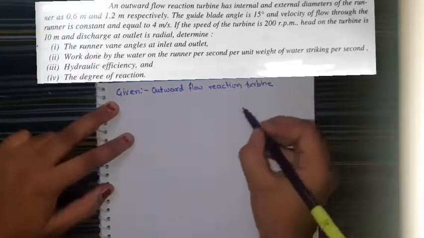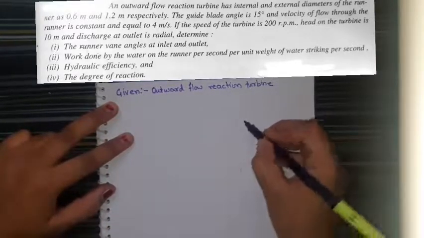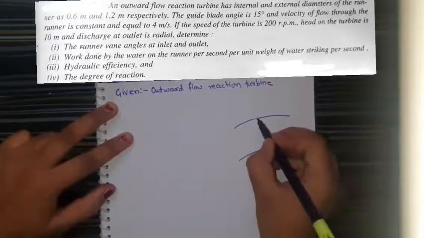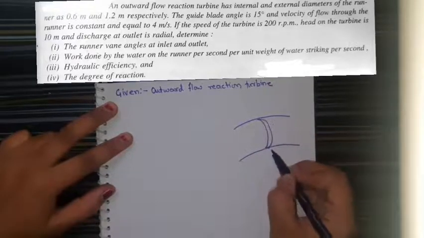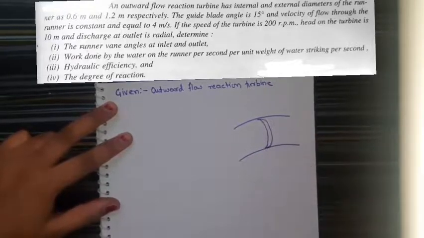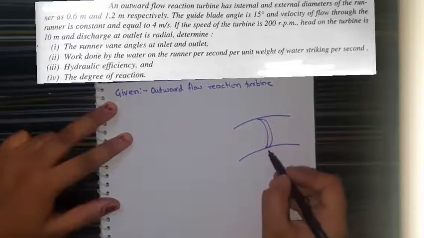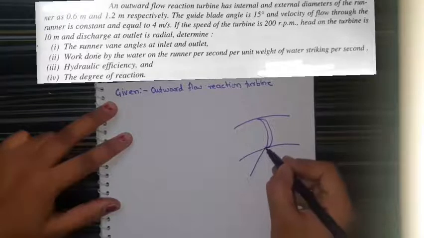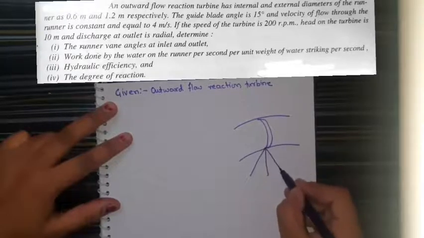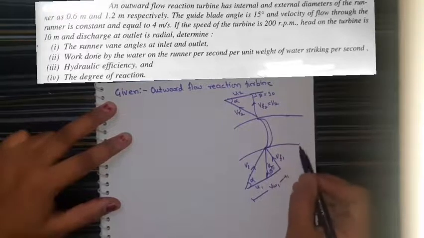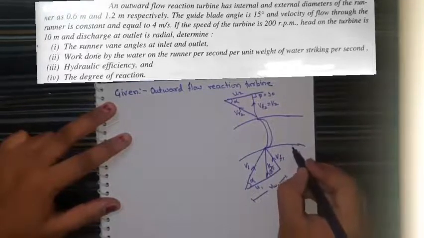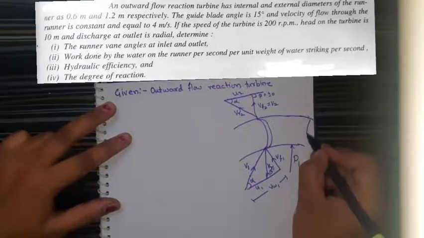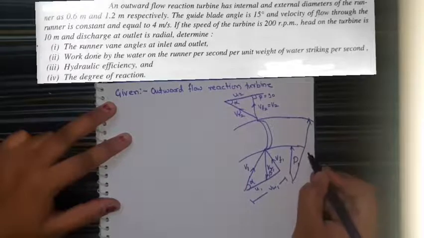That means let's draw the system first. If we take this as runner, as it is an outward flow, this will be your inlet velocity triangle. As this is an outward flow reaction turbine, this is D1 and this is D2.